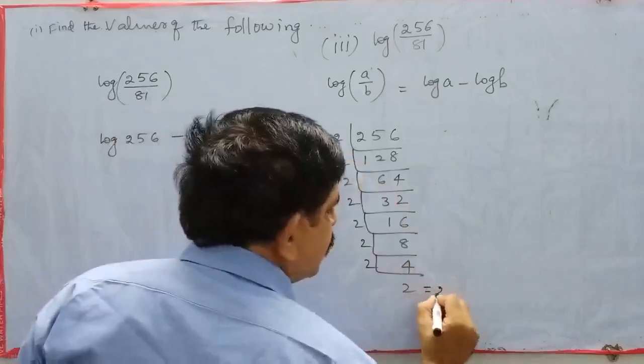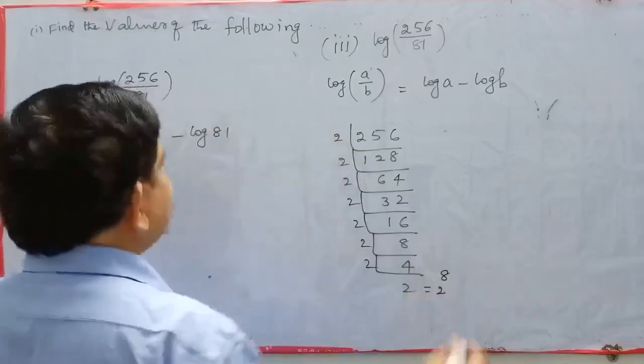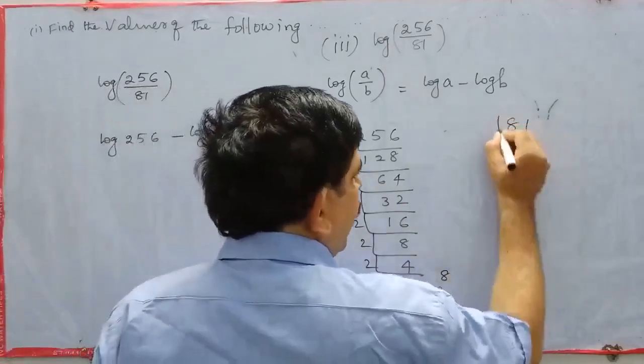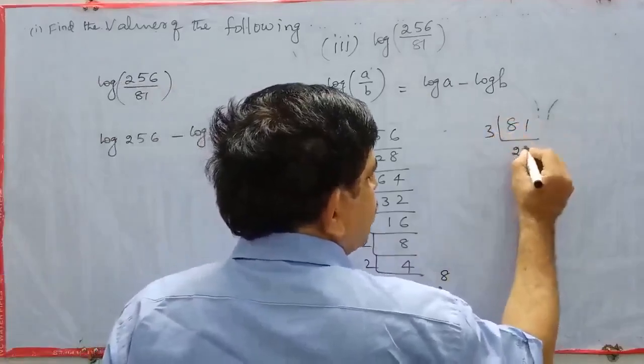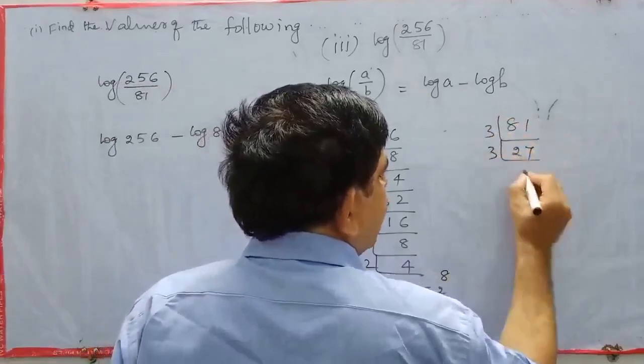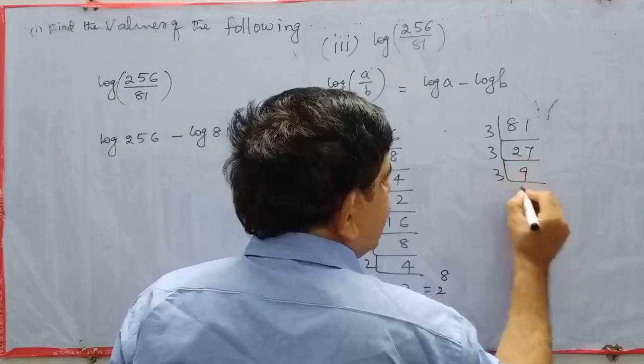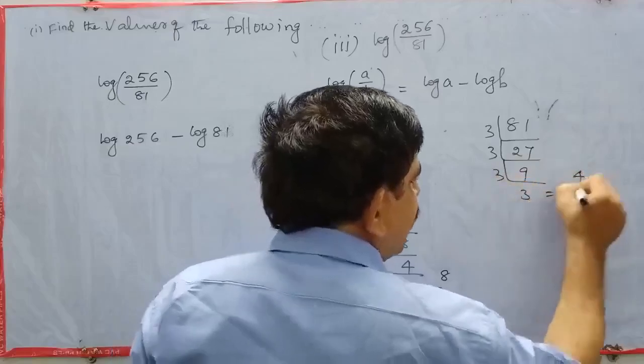So this is equal to 2 to the power of 8. Next 81: 3 27s are, 3 9s are, 3 3s are. So this is equal to 3 to the power of 4.